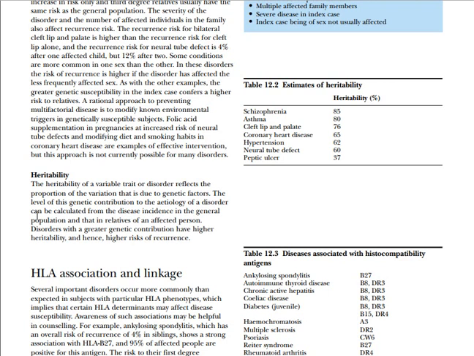So in that heritability, schizophrenia has a very high heritability, then asthma, then cleft palate with cleft lip, then coronary heart disease, hypertension, neural tube defects, peptic ulcer. So those are the heritabilities. Peptic ulcer is going to depend more on environmental factors than hereditary, while schizophrenia is less of environmental factors and more of hereditary.